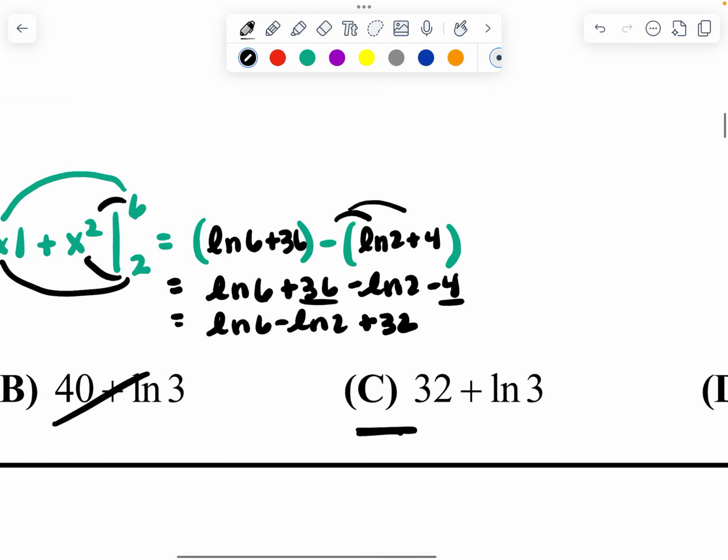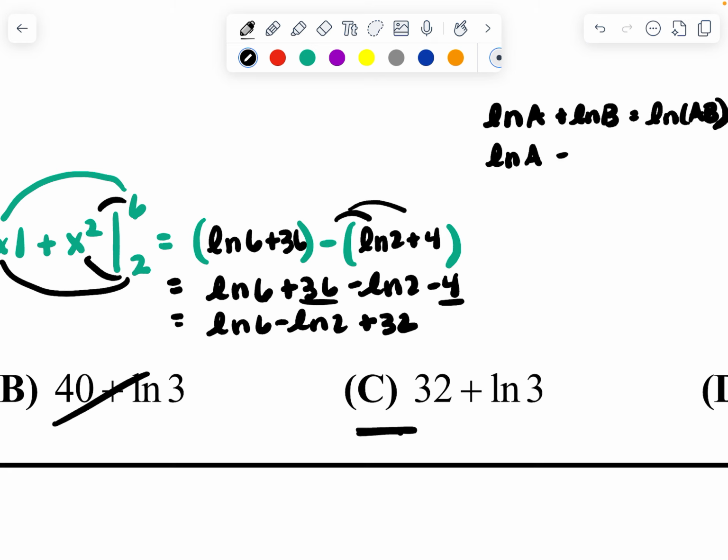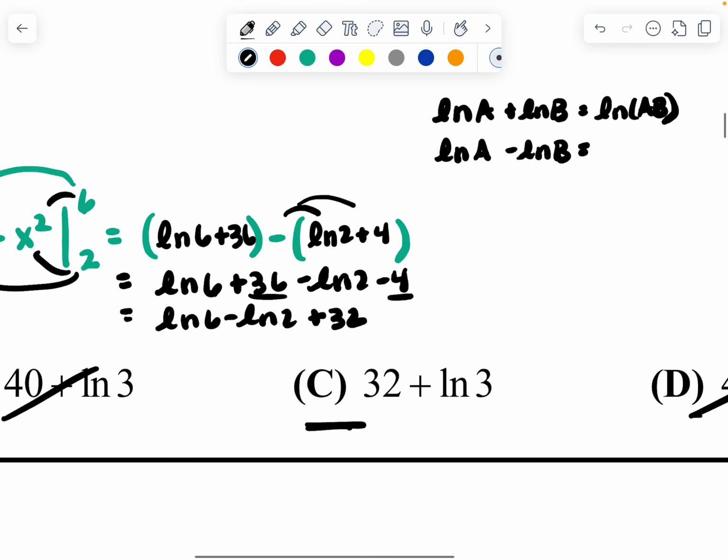Now, you guys, we've gone over this several times. Let me remind you again. If you have ln of A plus the ln of B, this is really equal to the ln of A times B, okay? If you're subtracting, ln of A minus the ln of B, this is really equal to the ln of A divided by B, okay?